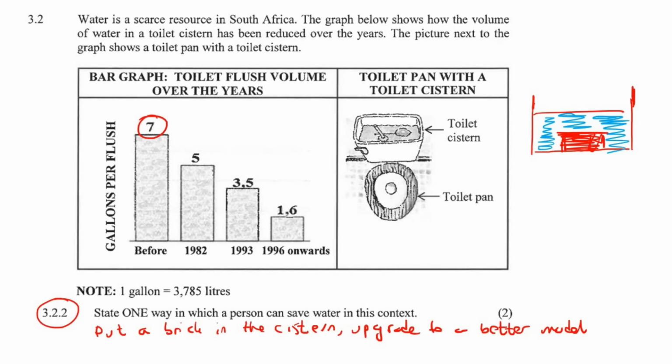Imagine that's how much water we needed to use to go to the toilet. Those big rain water collection tanks that people have in their gardens. Imagine that was attached to your toilet and every time you flush that whole thing has to empty. Okay, maybe I find it more funny than most people would, but yeah, so that's one way: you can upgrade to a better model.